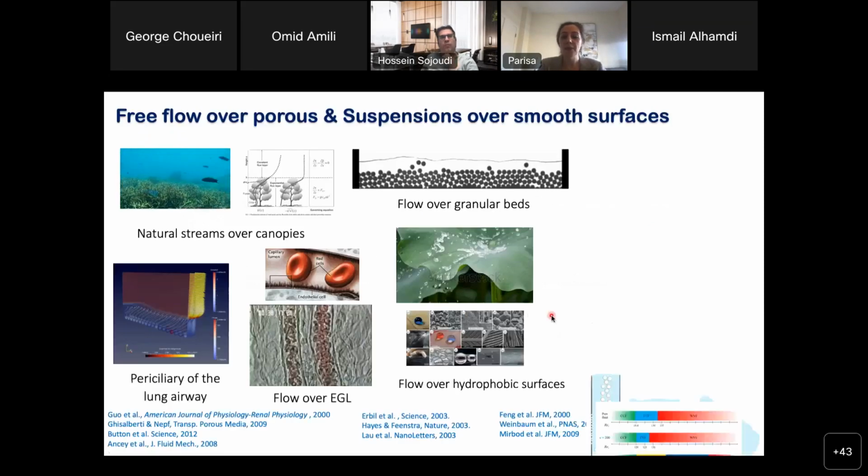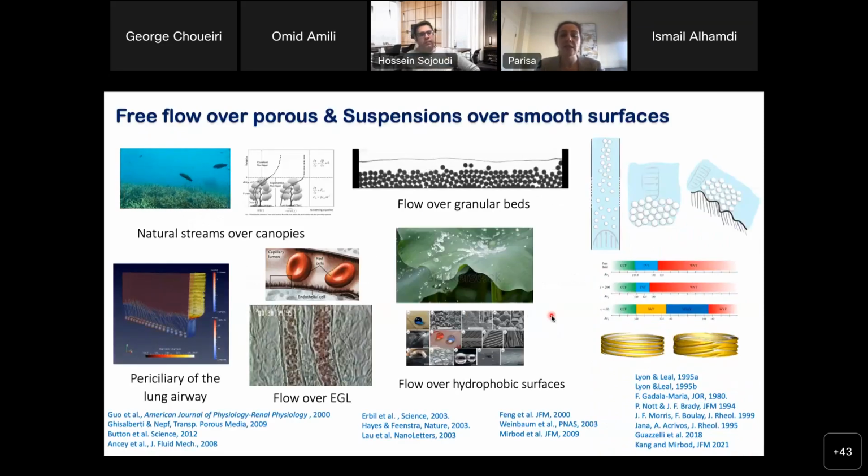So here you could see some examples of free flow over porous structures that researchers have extensively investigated: the natural streams of flow over canopies, coral reefs, and even the flow of the periciliary layer of the lung airway.